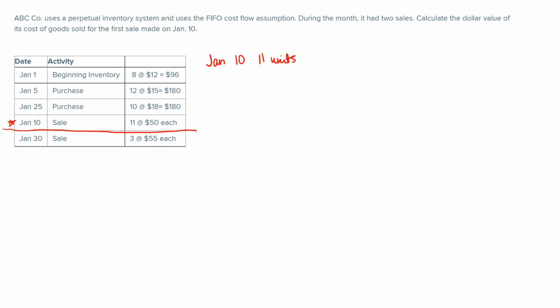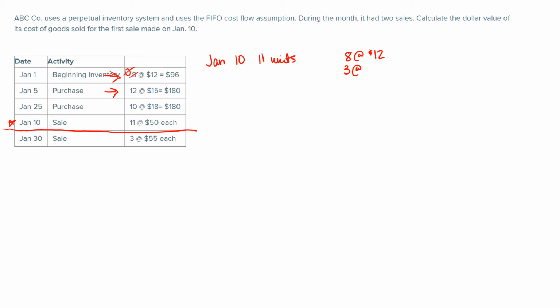This is first in, first out. So again, we look to the first units that are available. There are 8 here at a cost each of $12. So there will be 0 left remaining at this cost. We need to have 3 more, so we look at the next available in order.